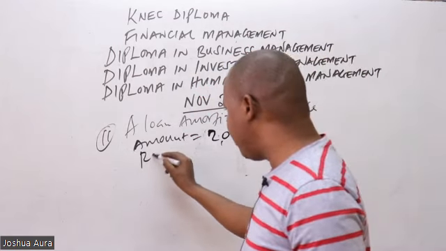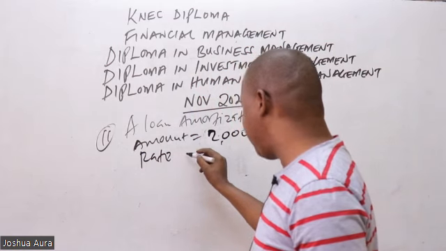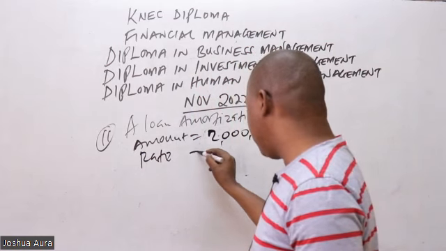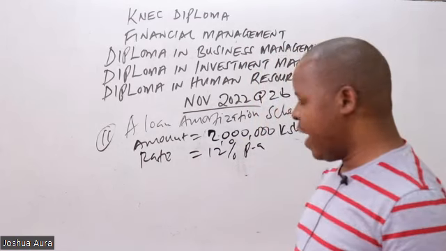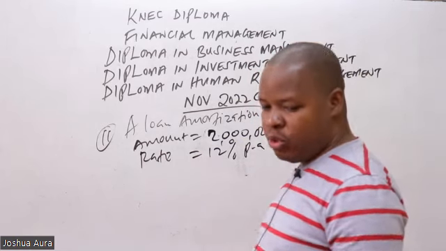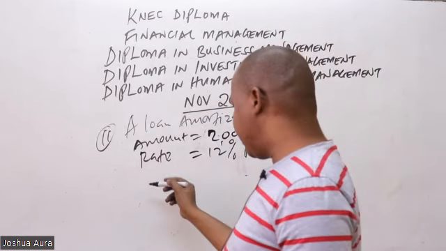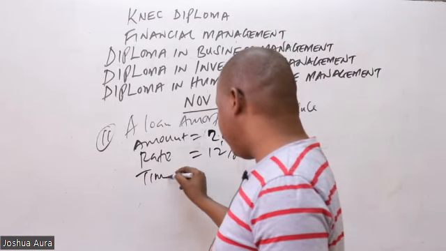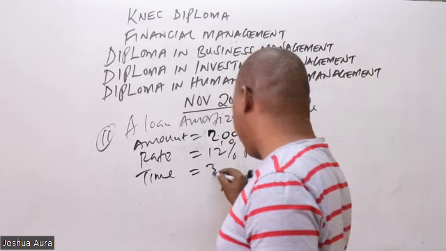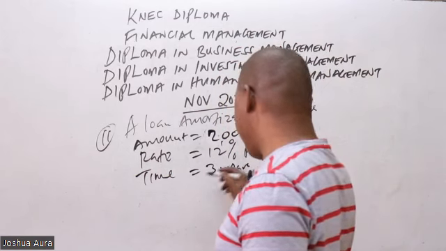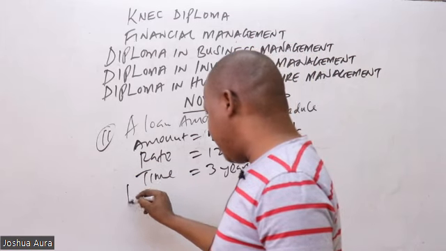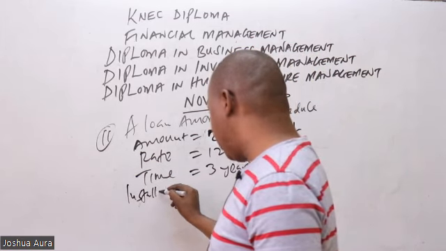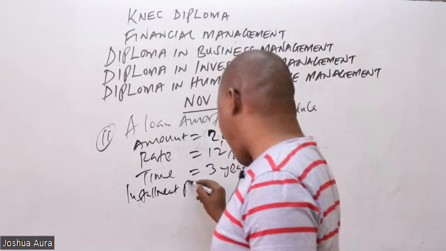Then rate of interest per annum was 12% per annum. And the time in years was 3 years. And we have calculated our installment per annum.